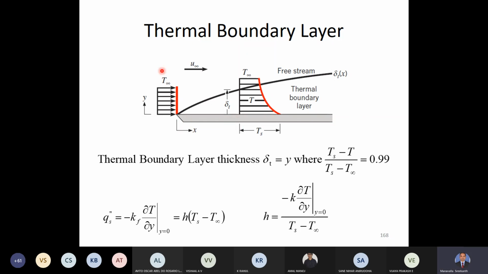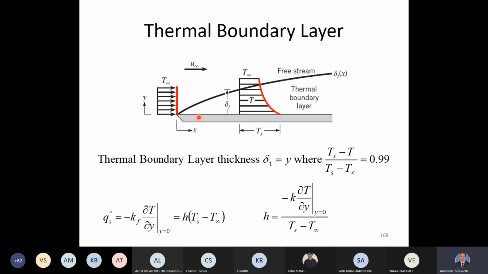And over this plate, there is a fluid flowing with a temperature T infinity, and the fluid flow velocity is U infinity. U infinity is the free stream velocity. When this fluid strikes the edge of the plate, this is the temperature profile. You can see it is quite uniform.